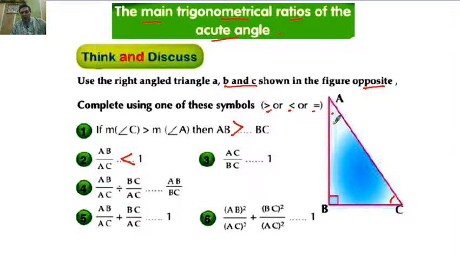AC over BC. AC is the hypotenuse, BC is a side of the right angle, then AC over BC is greater than 1.